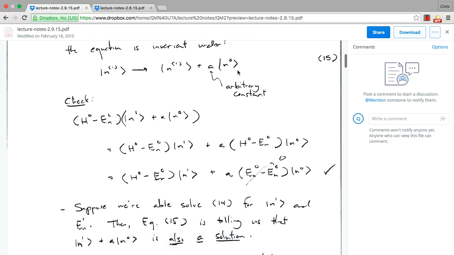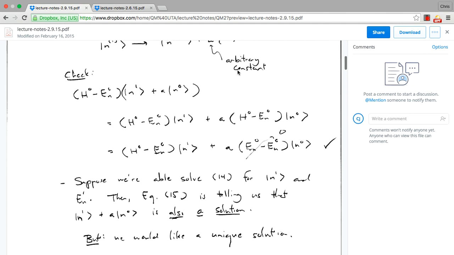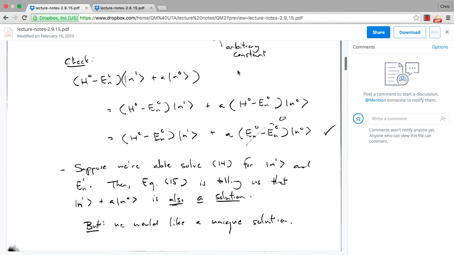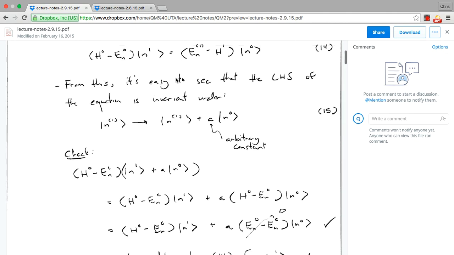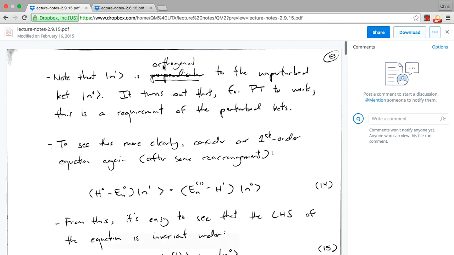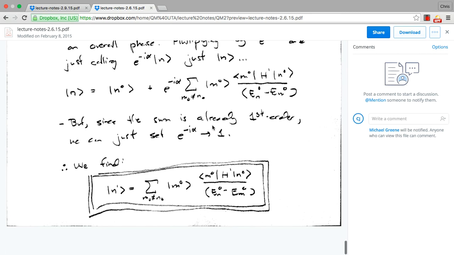But in quantum mechanics, we're interested in finding unique solutions, right? And so what we have to do is require that the first order kets are actually orthogonal to N0, and that's what we noticed back here when we got to the solution.